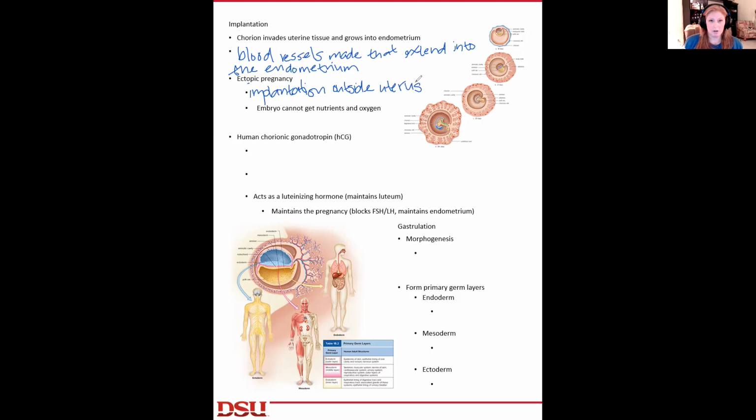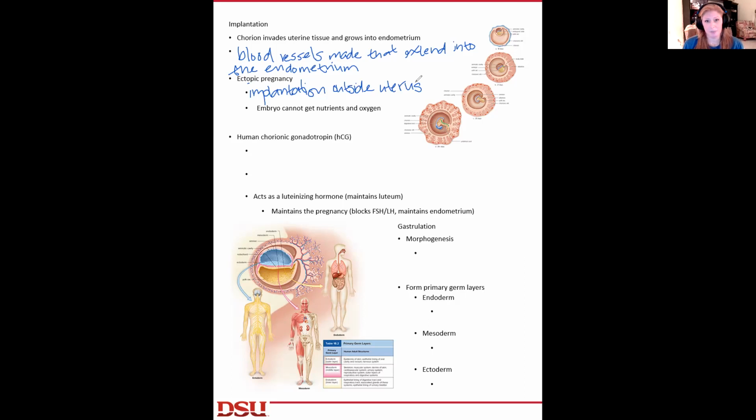Obviously, this is going to be a problem for a lot of reasons. One of the biggest being that without the correct attachments for all those blood vessels, there's no nutrients or oxygen getting to that embryo that's developing. Another issue is the uterus is made to expand, right, with a growing embryo.